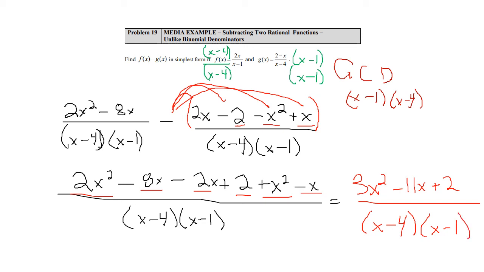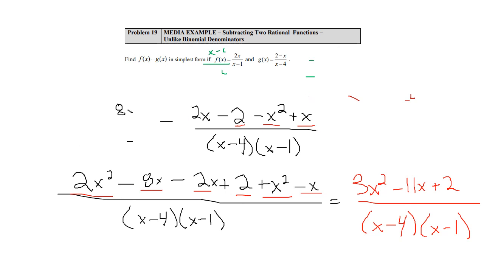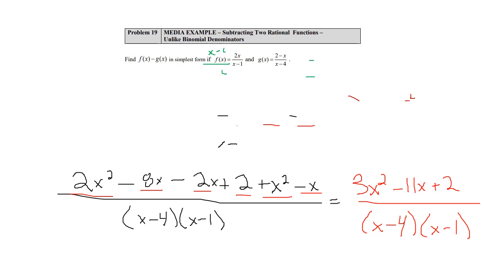All right, so now the question becomes, does that numerator actually factor? If this were to factor, I can use the AC method on there, and I could say that 3 times 2 is 6.